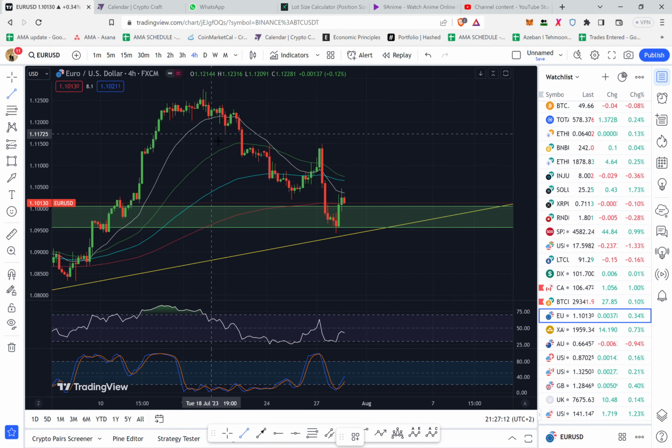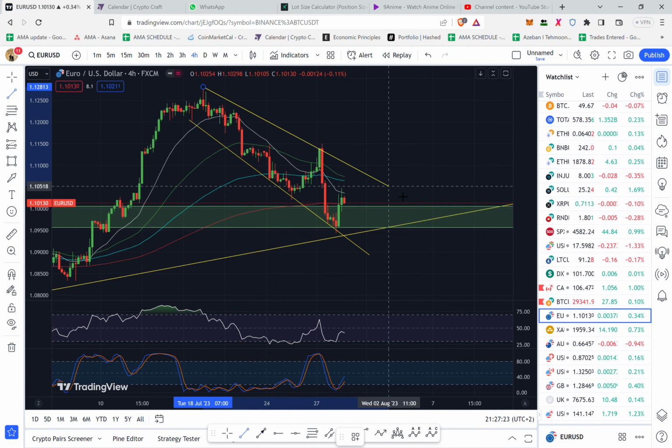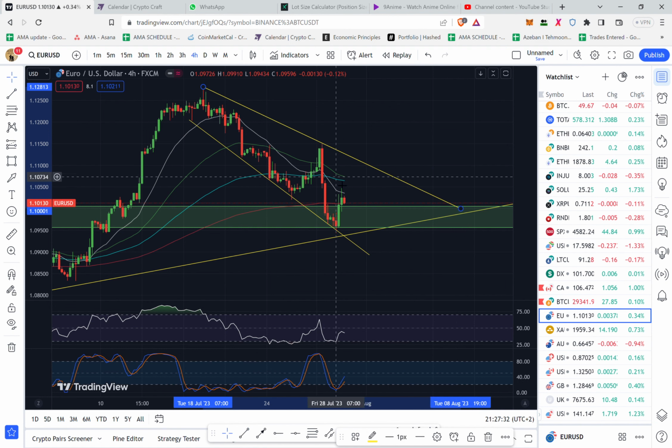So over here what we do have is we can say that we have this trend line that's holding support on the downtrend, and if I draw the upper trend line like that, what I would be looking for is for the market to come up and test this upper level as resistance before heading down lower again. So that's one thing that I'll be watching.